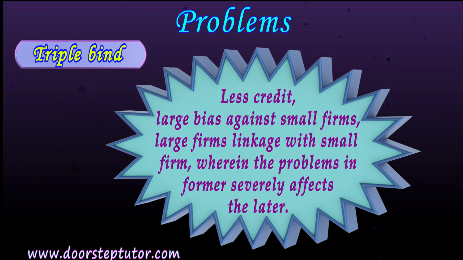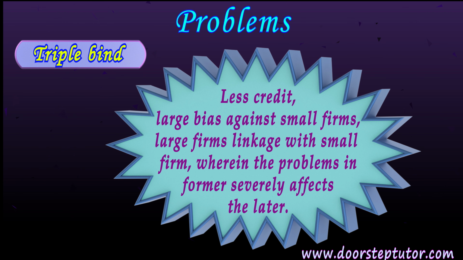So this leads to a triple bind issue, and this problem severely affects the large scale sector. When less credit is given to small firms, they won't be able to provide as much raw material as demanded by the large firms. This will impact the growth in the large industry. So overall, economic growth will fall. So this is the triple bind issue.